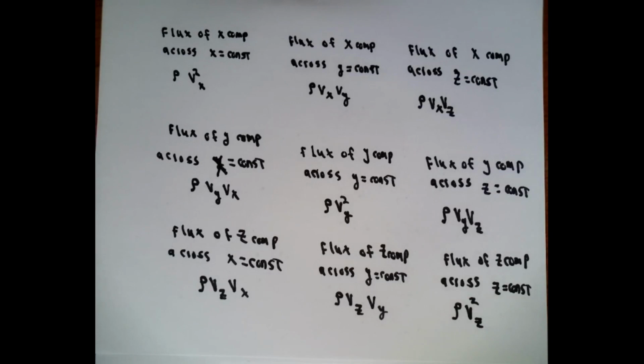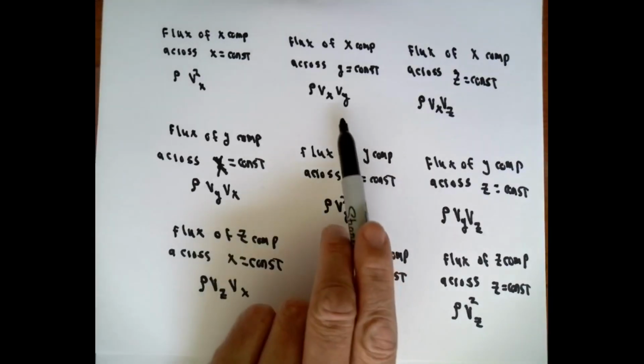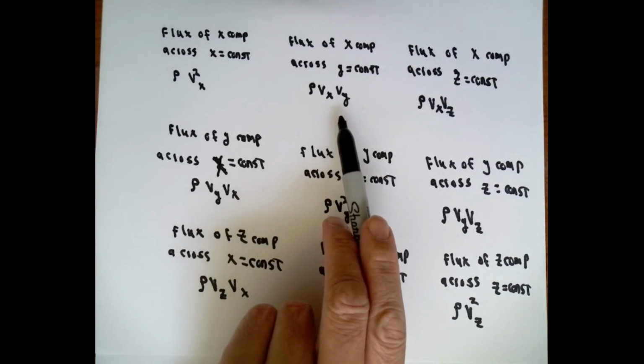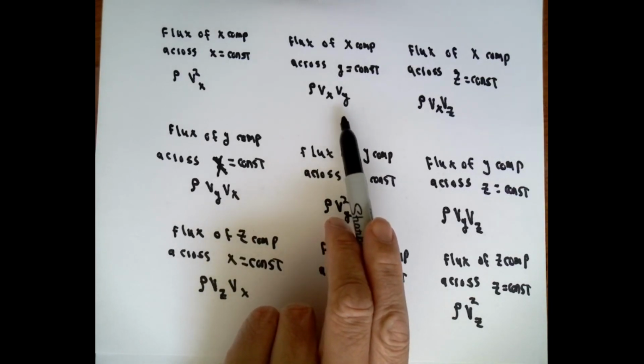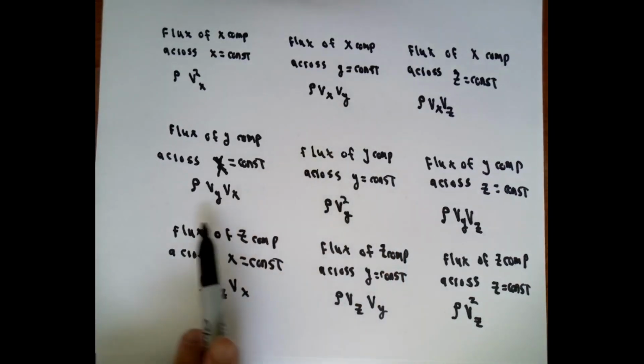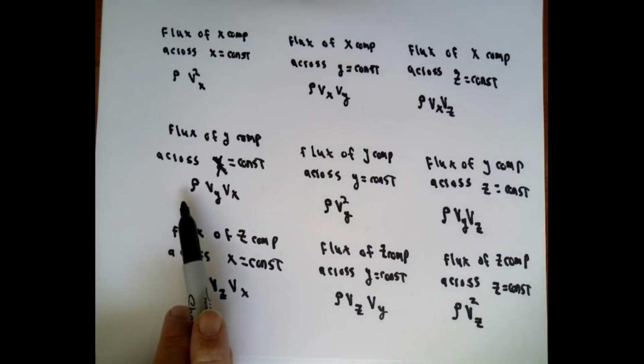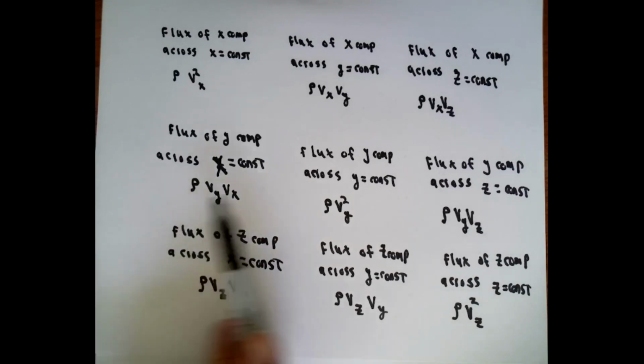There is an interesting pattern to this. Each one of these 9 fluxes is the mass density times the product of 2 velocity components. Moreover, the flux of x momentum across a surface of constant y and the flux of y momentum across a surface of constant x are the same.